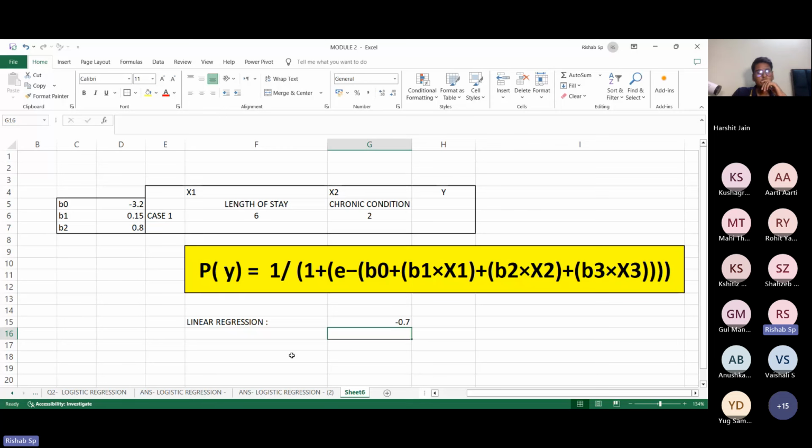Next, we have to find the exponential value of the same.